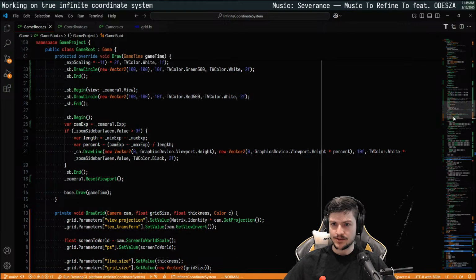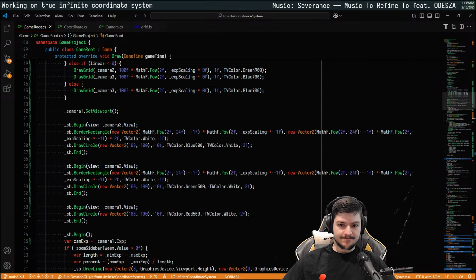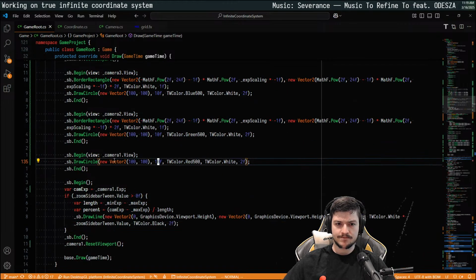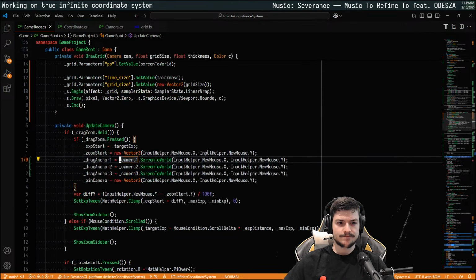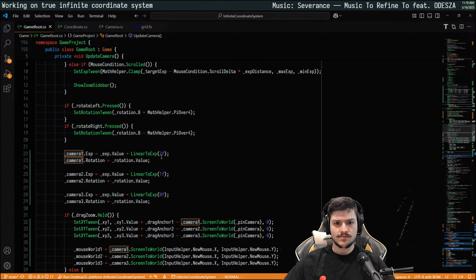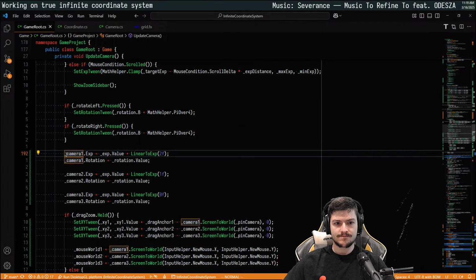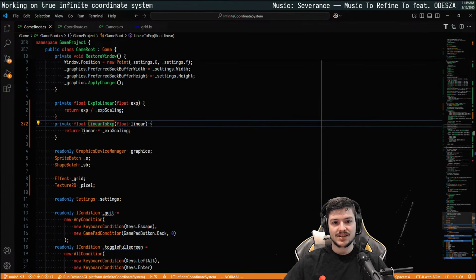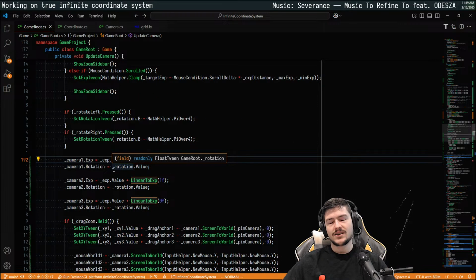Gotta stay focused. Red. So 100, 110. Wait, let me read this again. Oh, I wrote it like that for true. That times exponent scaling. Right.